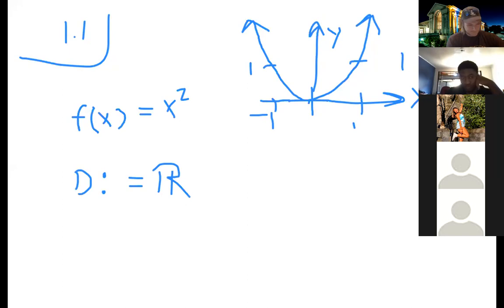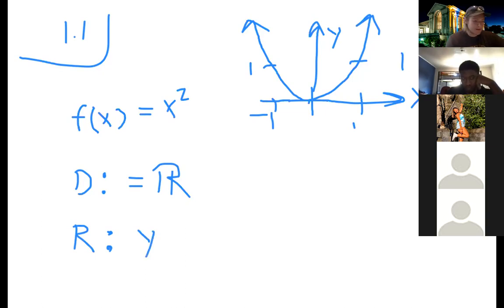So now the range, right? The range is our y values, our y range, and that kind of makes sense. What is our minimum y value? What is our max value? In this case, we can write it as this. I'm not too super big on notation.